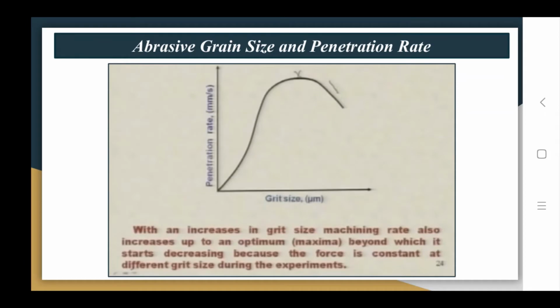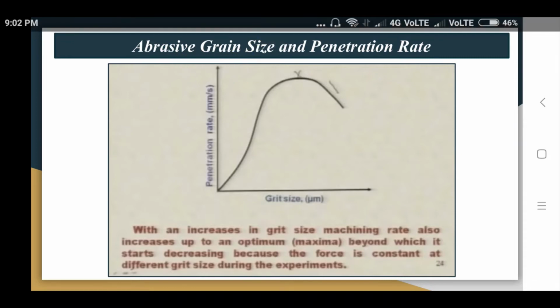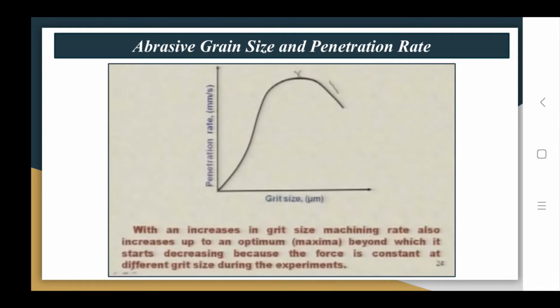Then grid size. Grid size is another important parameter which affects the penetration rate. As you can see here, as the grid size is increasing, there is an optimum value where you get the maximum penetration rate in terms of mm per second.